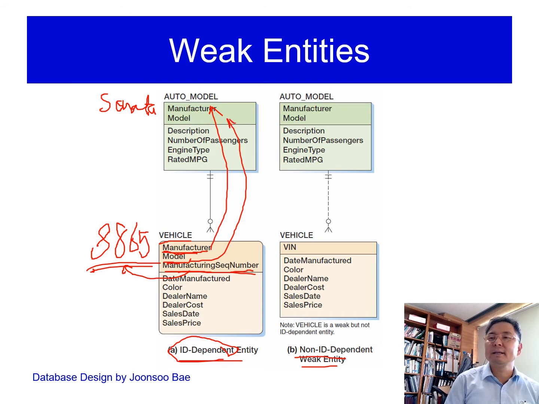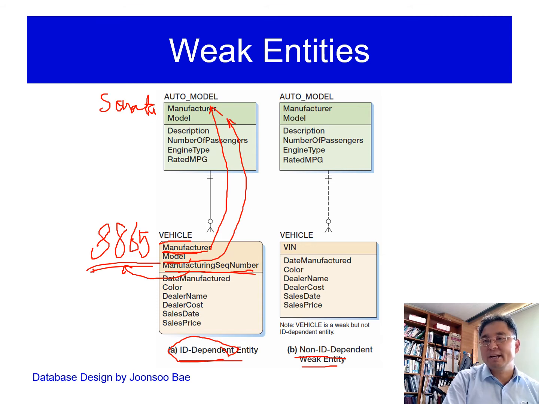Okay, the vehicle identifier includes the other parent entity's attribute identifier. Then this is an ID dependent entity.